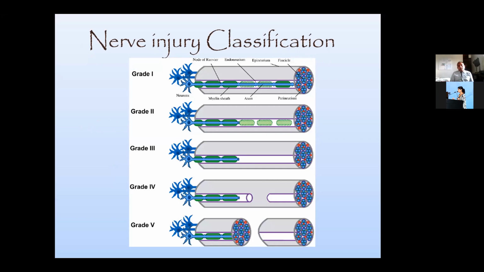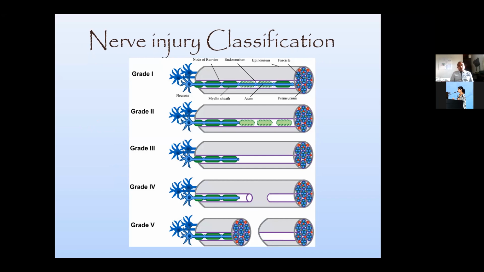In grade 1, there is neuropraxia, where there is demyelination of the nerve sheath. So in that case, there is only a functional disturbance, where the axon and the endoneurium are intact. Only demyelination is there.